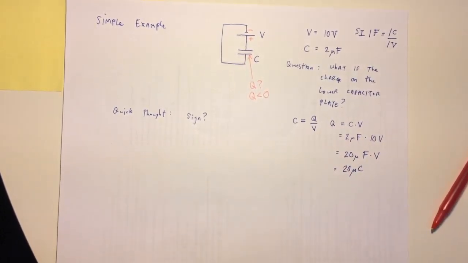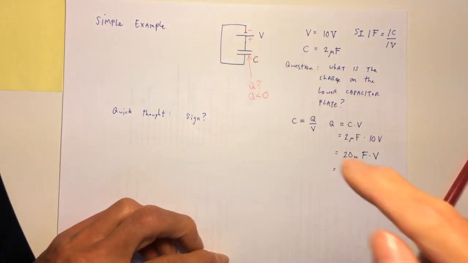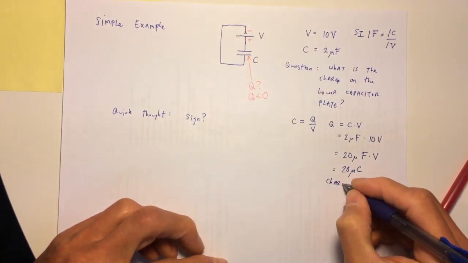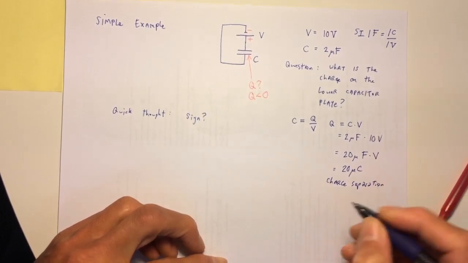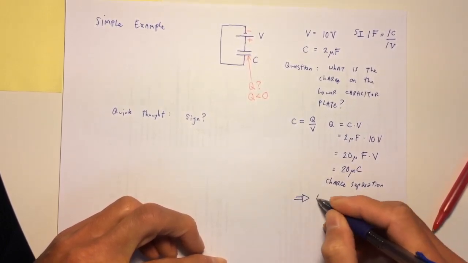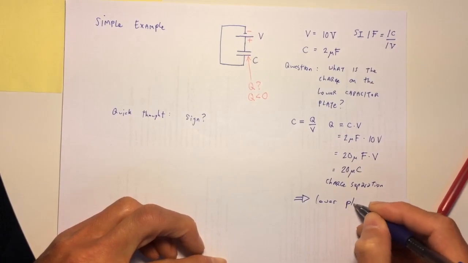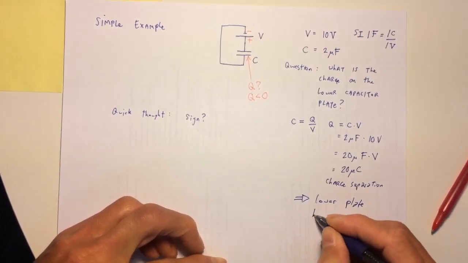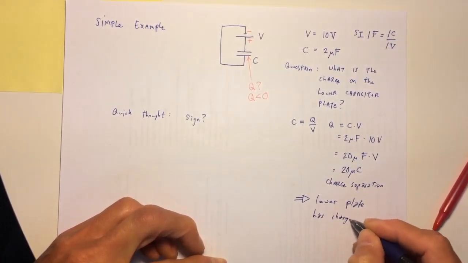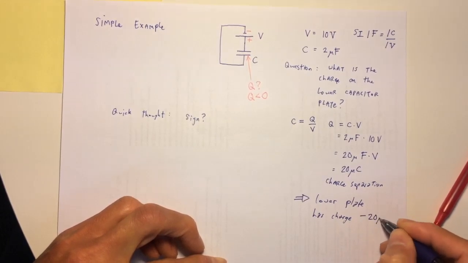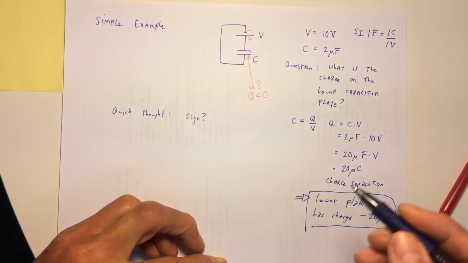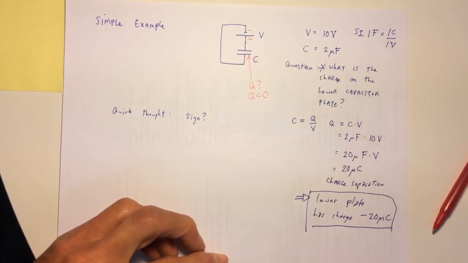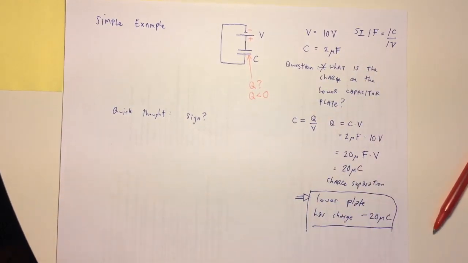So that's the answer to the charge separation. This is the charge separation. And what this leads me to say is that the lower plate has charge negative 20 microcoulombs, and this is the answer to this simple example question.